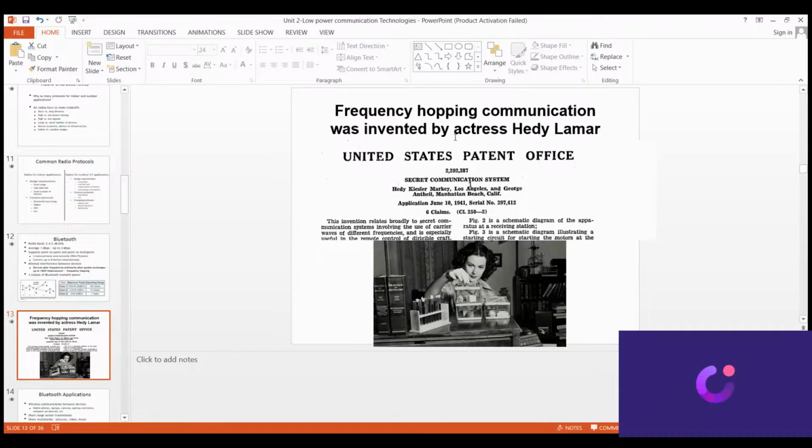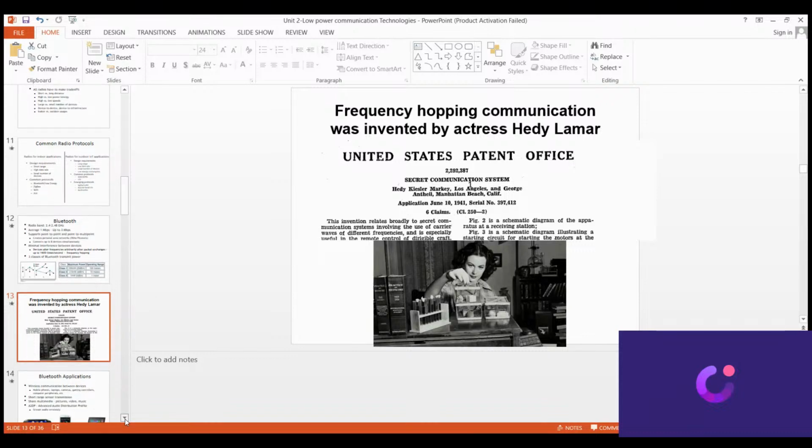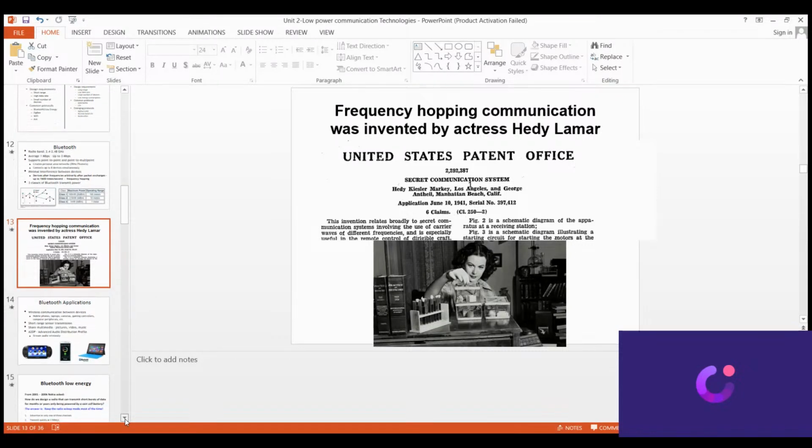Frequency hopping is more like hopping to the next frequency that you can use to transmit data, the nearest available frequency.